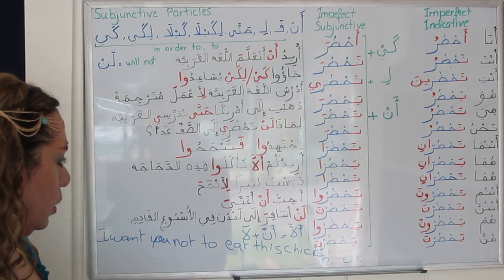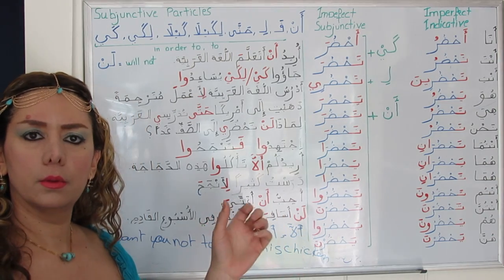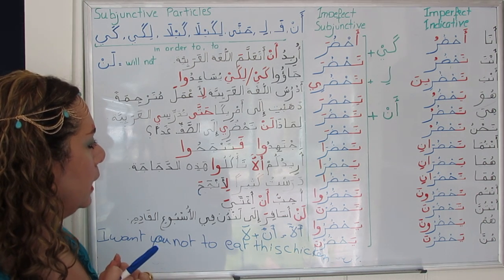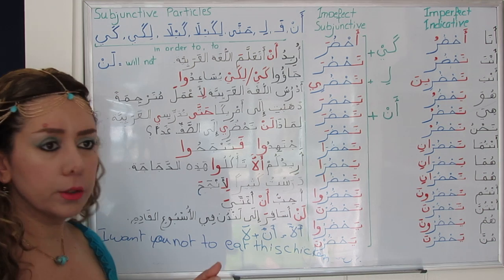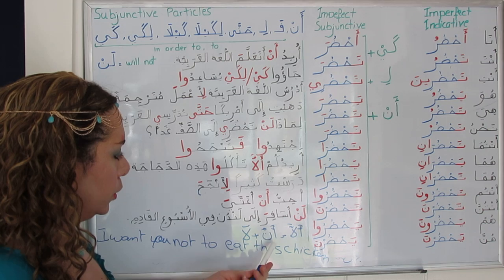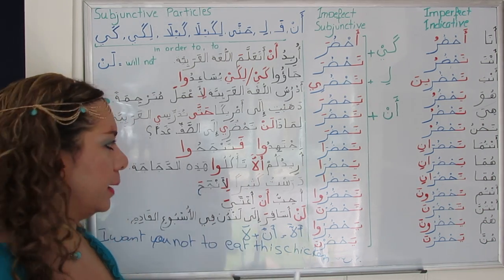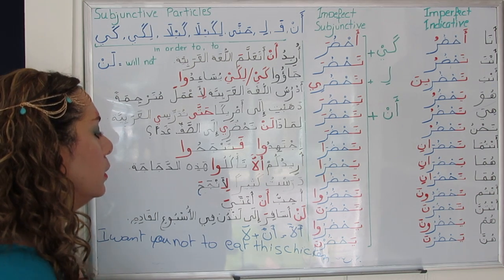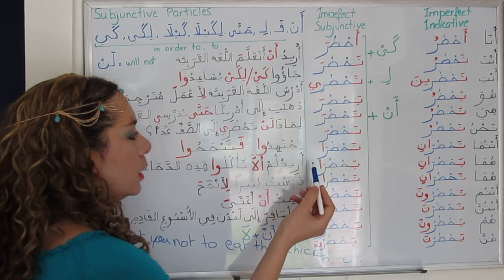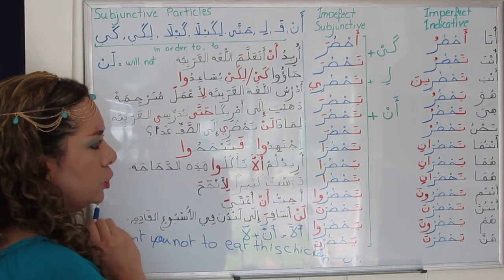So instead of writing two particles, we just merge them together to have Allah. Or you can write it not one like this way. You can separate them and use la at the beginning of the sentence. لا أريدكم أن تأكلوا هذه الدجاجة.